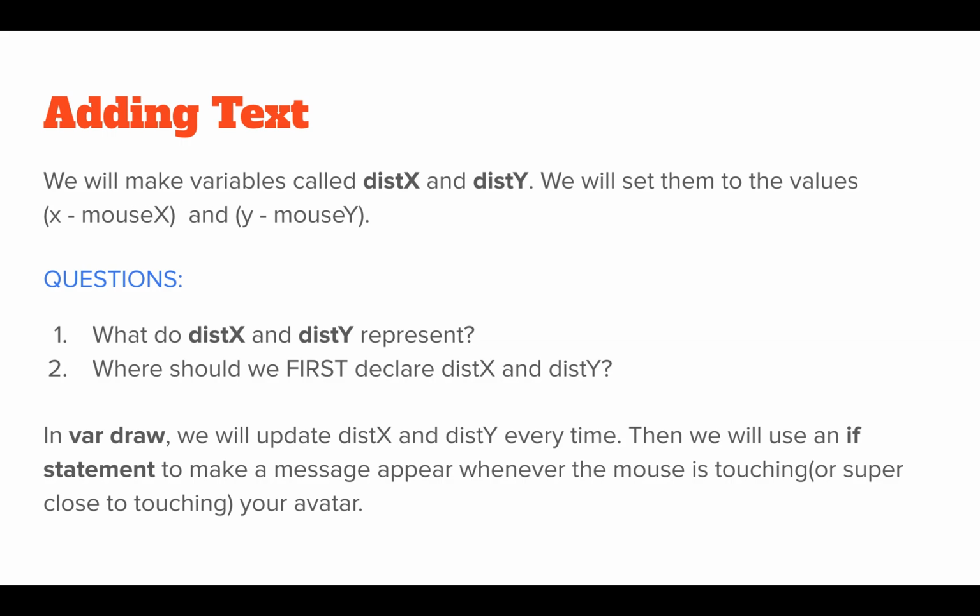So you should first declare distX and distY at the very top because they're variables, and you always declare variables at the very top. All right. So in the draw function, we're going to update distX and distY every single time your mouse moves. All right. And so after that, we're going to detect how close it is, and if it's within a certain proximity, it's going to make the message appear.